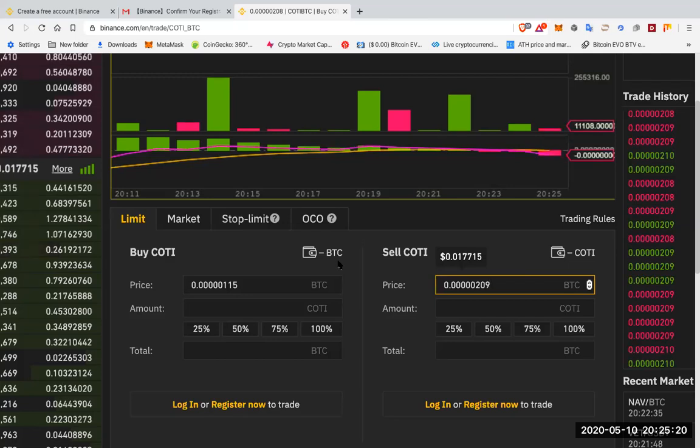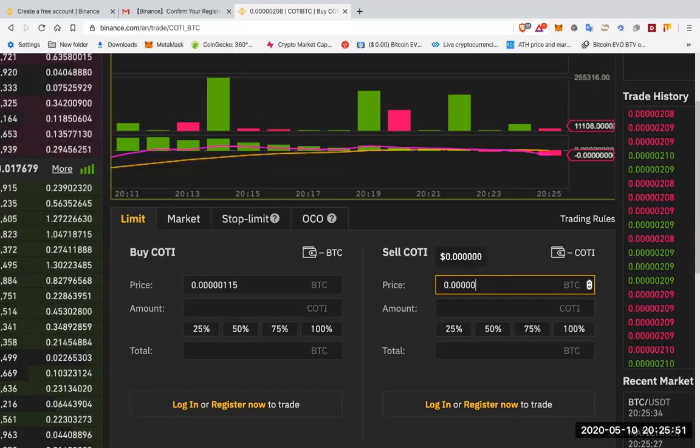For instance, maybe 25% I'm going to sell, here they have said sell at 125, so I will go here and write 125. So I'm saying at this price I will take 25% of my total coins, then I will sell them at this price. I will write down.